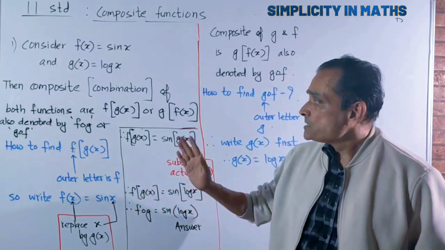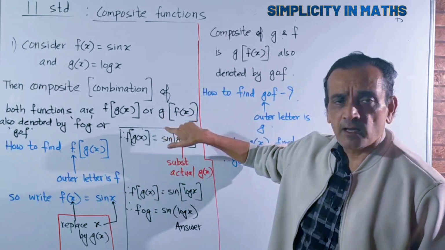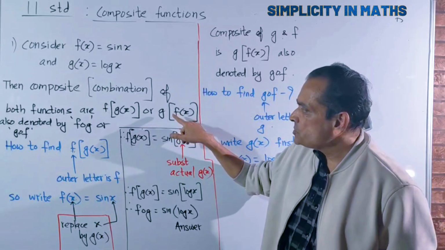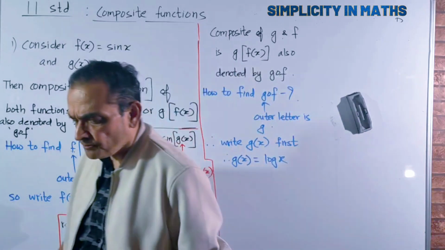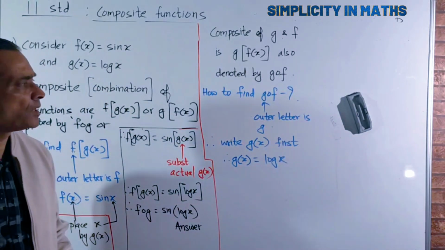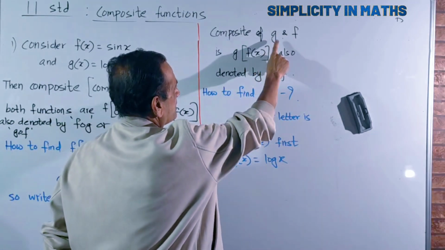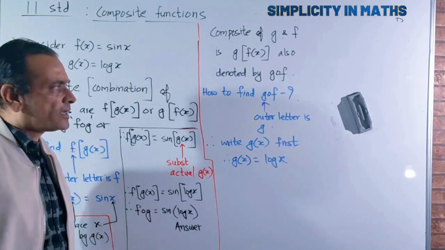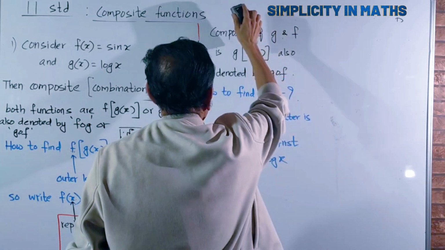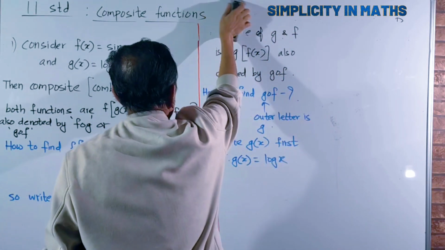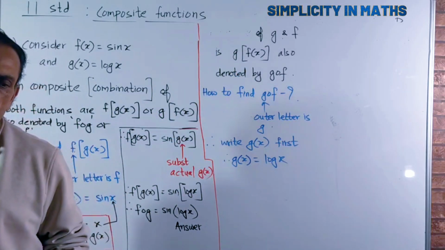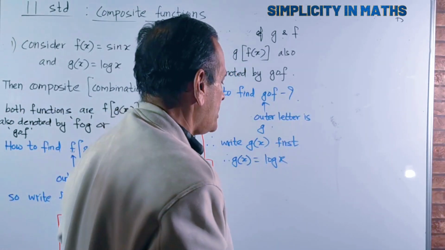Clear? Second, we are shown over here. It can also be denoted by g of fx. अभी g of fx कैसे फाइंड करना सोचो. Composite of g and f, or you can say combination of g and f.